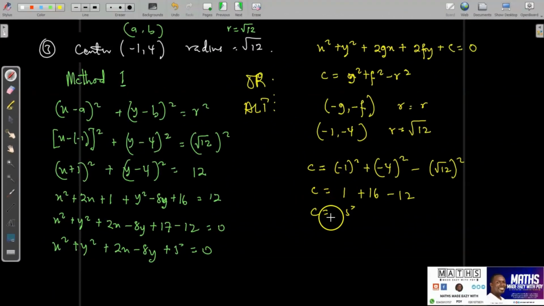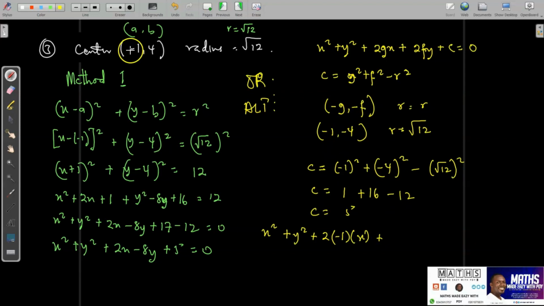Okay. So if that is obtained, then we need to substitute our center and the c into the formula up here. So that is going to be x squared plus y squared plus 2 times g value, is -1, x plus... okay, hold on, I think we need to correct something here.